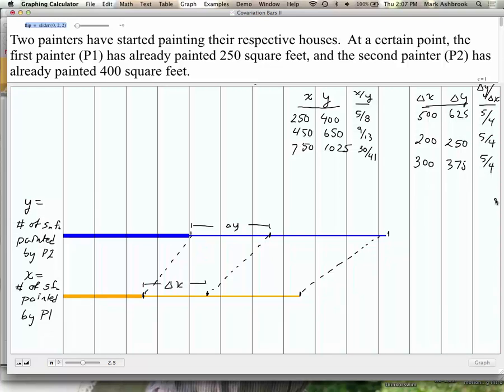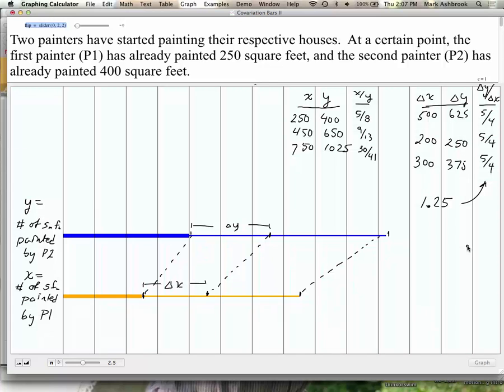So we have this number 5 fourths, 1.25, and this ratio is being maintained. It looks like any change that Painter 1 paints is the same size relative to the change that Painter 2 paints.